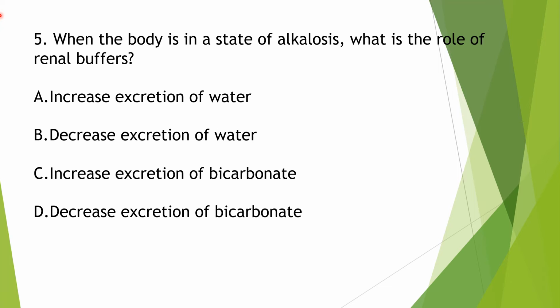The options are increased excretion of water, decreased excretion of water, increased excretion of bicarbonate, decreased excretion of bicarbonate. Here you need to understand alkalosis. Alkalosis means bicarbonate is more. So bicarbonate needs to be excreted by the renal system. So the answer is increased excretion of bicarbonate.